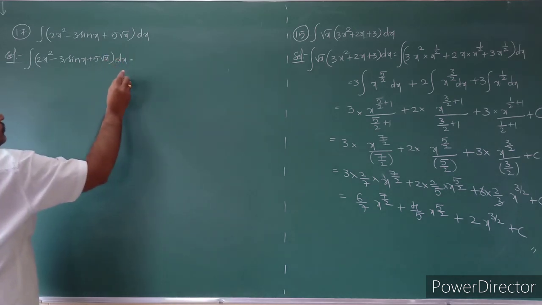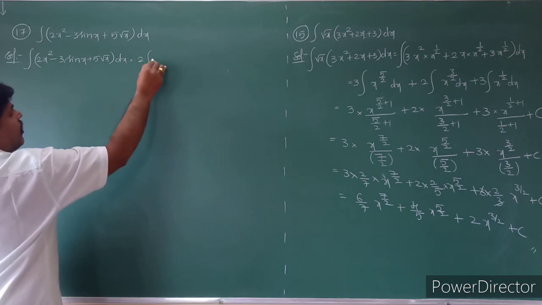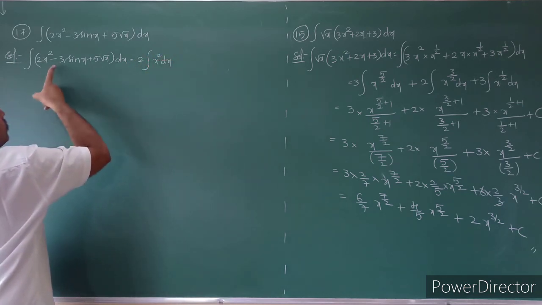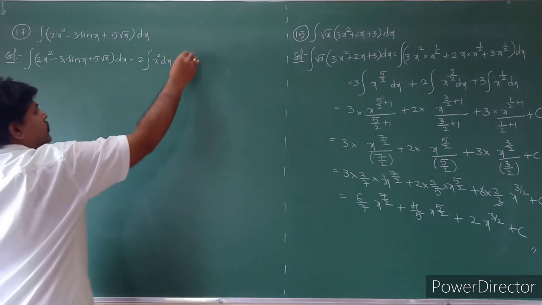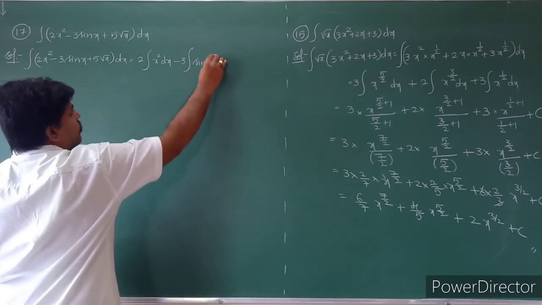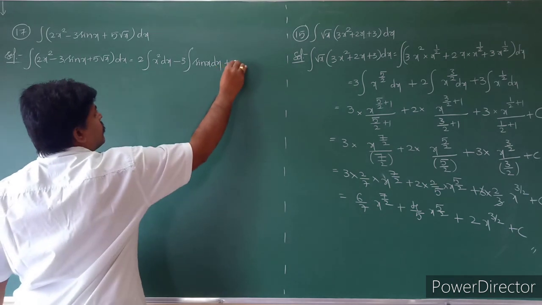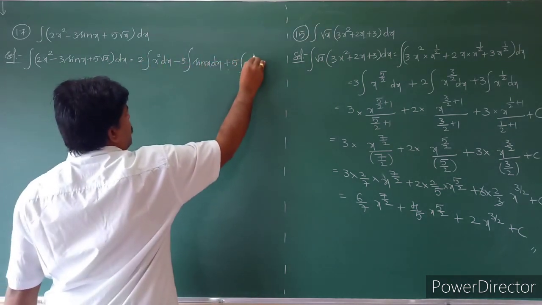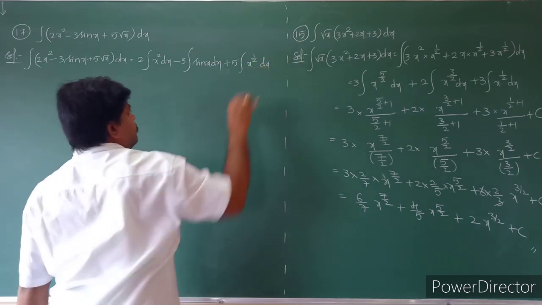So that is equal to, split the integration and apply that. 2 into integral of x square into dx, minus 3 into integral of sin x into dx, plus 5 into integral of root x, root x is nothing but x power 1 by 2, into dx.